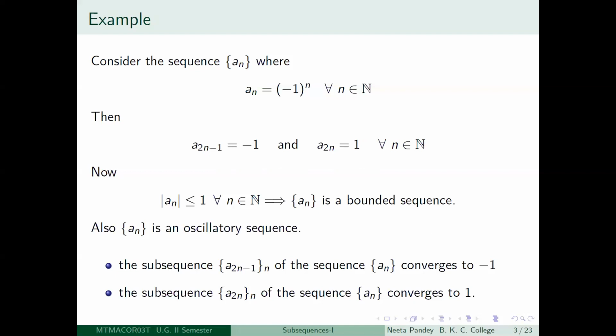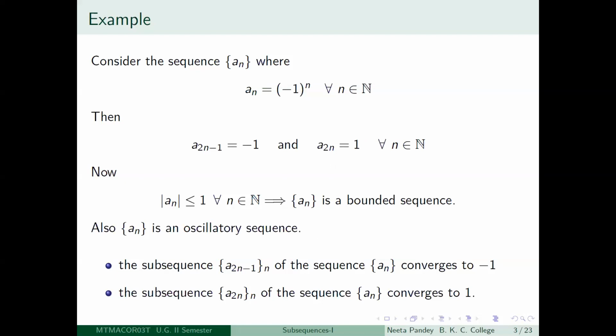Why am I bothering about that? Because I want to somehow prepare the ground for the final result of this lecture, which is the Bolzano-Weierstrass theorem. Okay, and we have also seen that this is an oscillatory sequence. So what type of things will be a subsequence of this sequence?